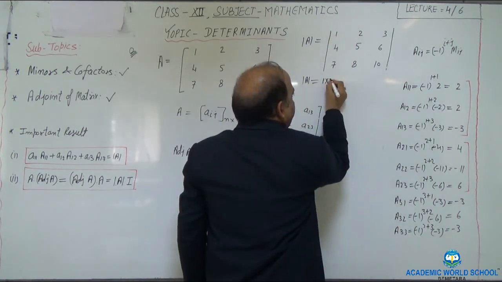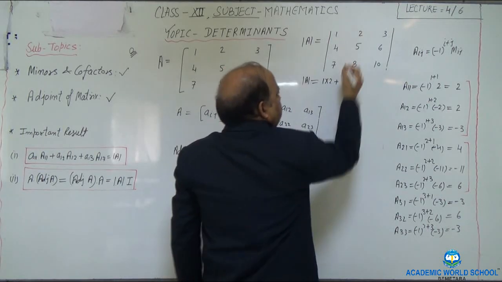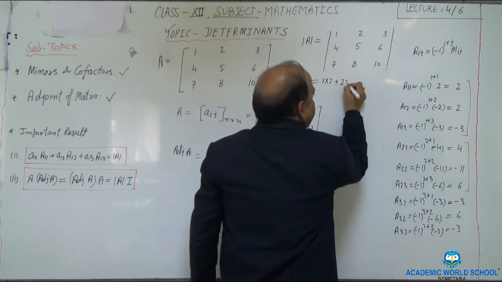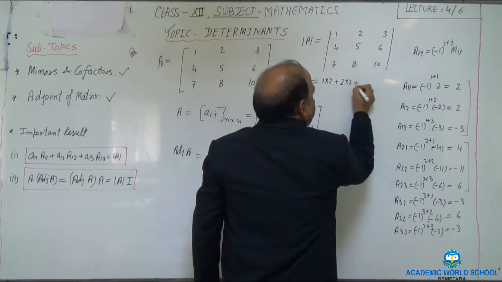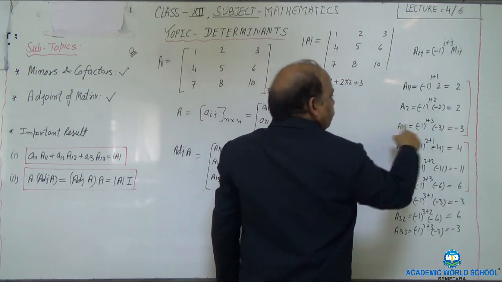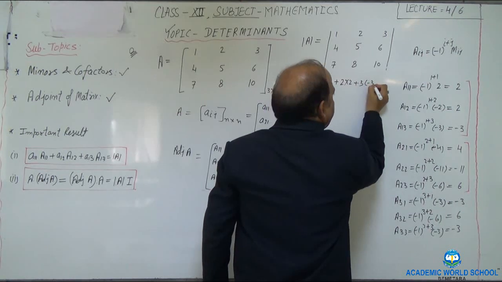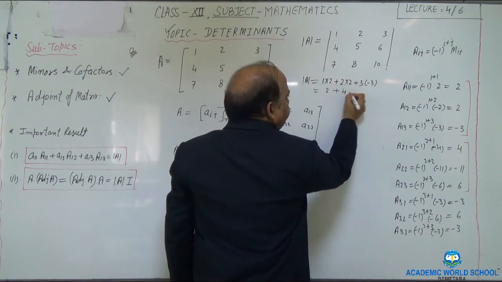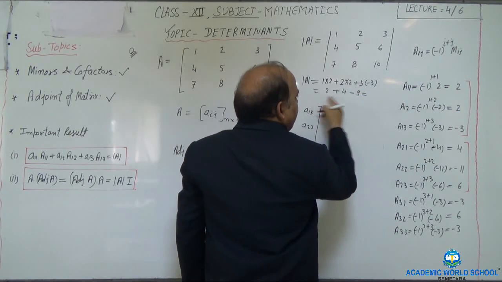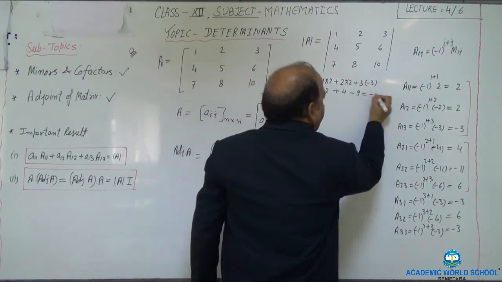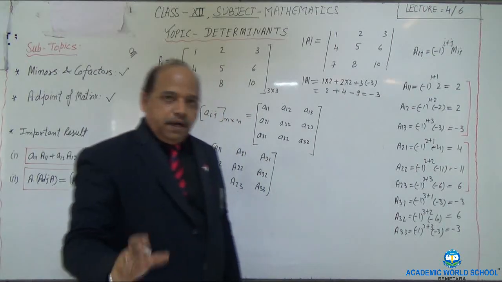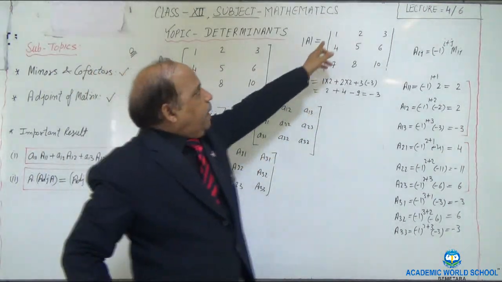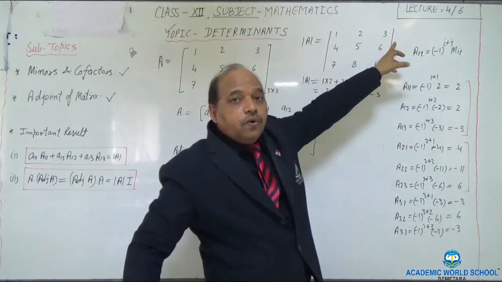You will multiply it by 2, plus the second element 2 times its cofactor, which is 2, plus 3 times its cofactor, which is minus 3. If I simply write 2 plus 4 minus 9, that gives you minus 3. I hope you are getting that. This I expanded about the first row.